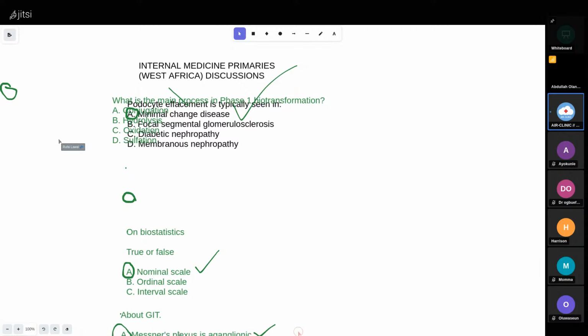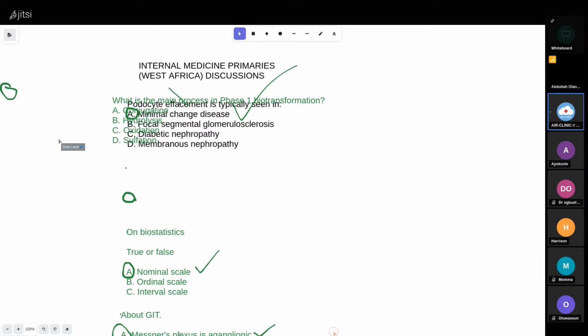So which one will you pick? Helicobacter pylori. Is it a gram positive organism? Gram negative. It's not a gram positive organism.